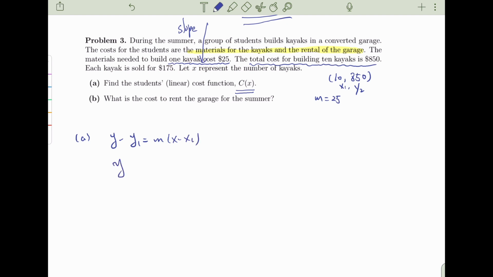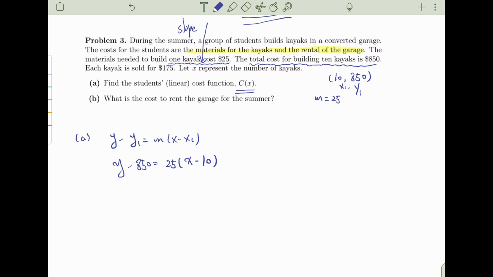Plug in x1, y1, not x1, y2. So 850, sorry, y minus 850 equals m, that is 25, times (x minus 10).